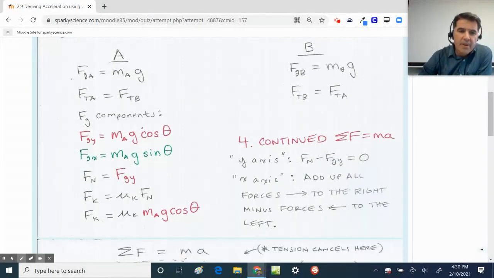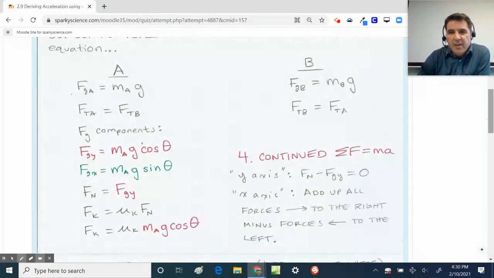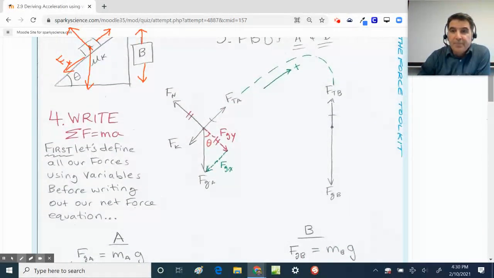Fn is equal to FGY, and FGY is mass of A times g cosine theta. So literally Fk is equal to mu sub k times the normal force, which is equal to the force of gravity in the y direction. Now we've defined pretty much everything in our free body diagrams.